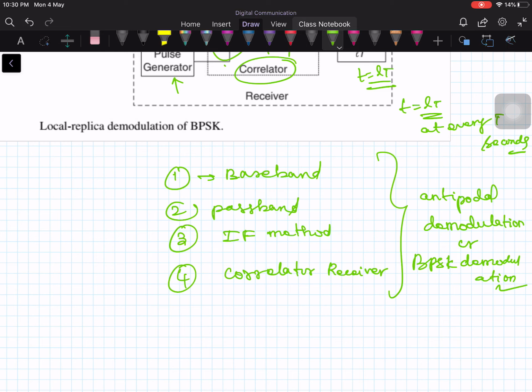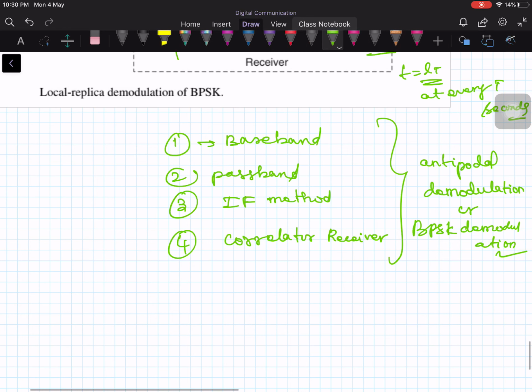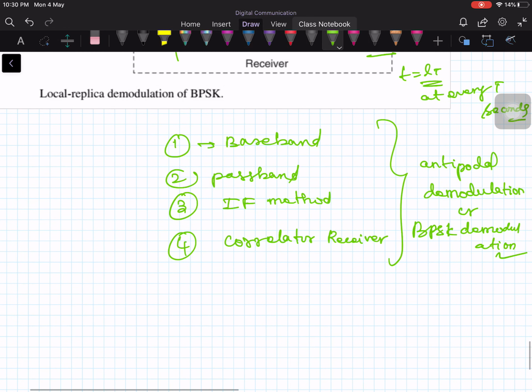Okay, in the next lecture I will talk about demodulation of other kinds of binary waveforms. So these are antipodal kinds of binary waveforms. But in the next lecture I am going to talk about other kinds of binary waveforms, namely orthogonal waveforms.